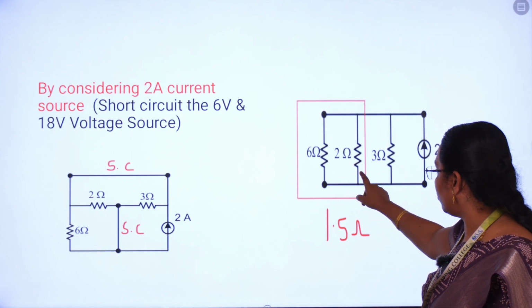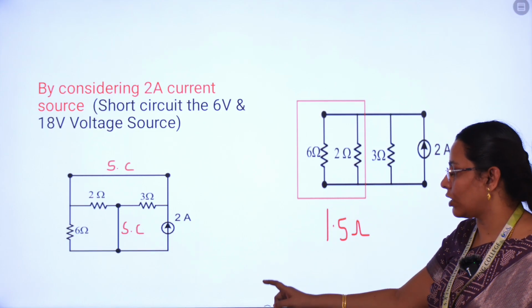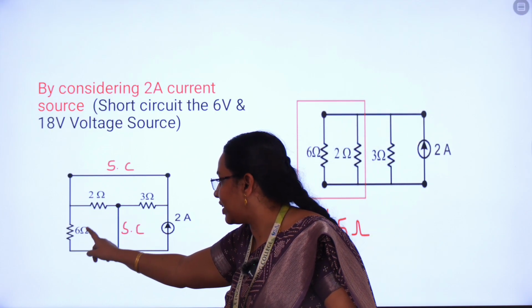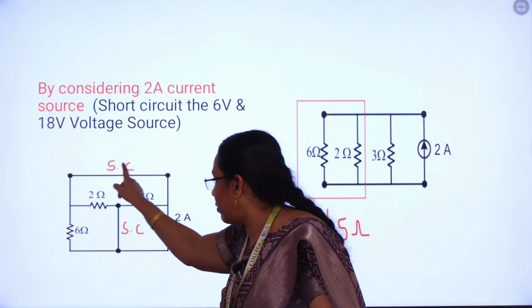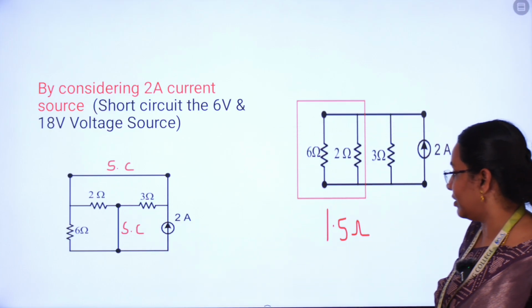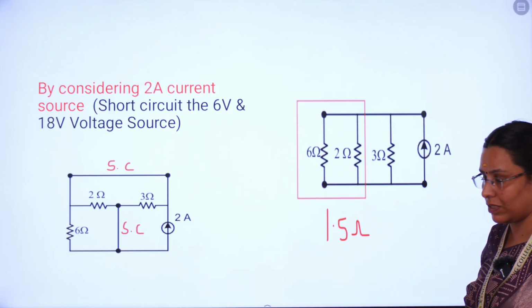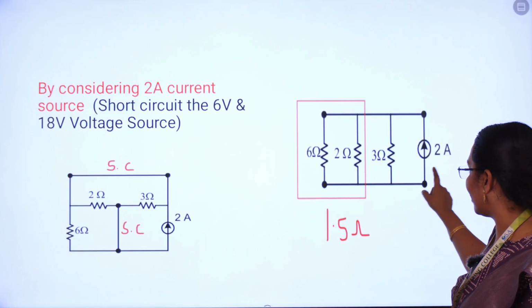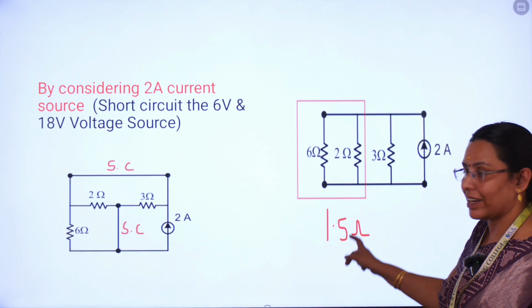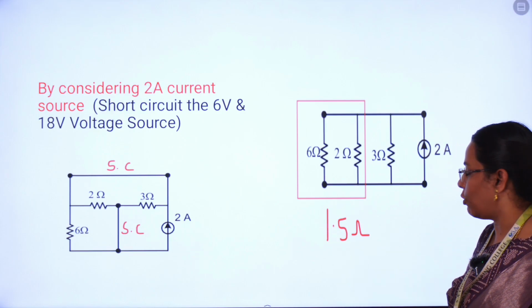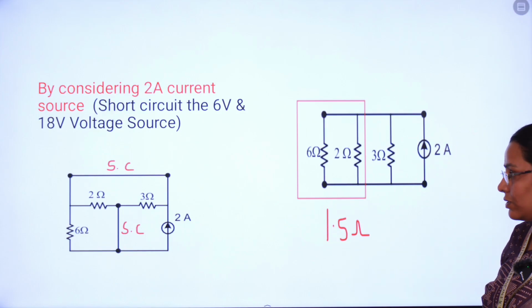6 ohm, 2 ohm, 3 ohm are all connected in parallel. This 2 and this 6 are connected in parallel, and this combination is also connected in parallel with the 3 ohm, in a parallel circuit with 2 amps. So the 3 resistances are connected in parallel. Already we derived that 6 and 2 in parallel gives 1.5 ohms.